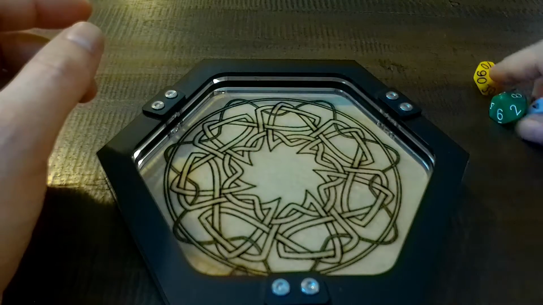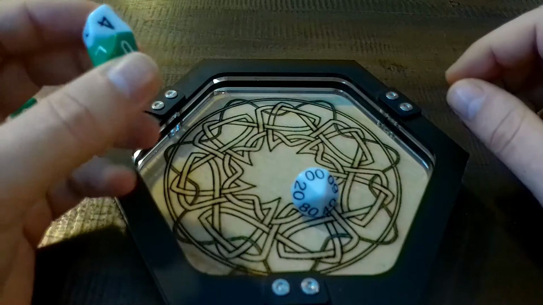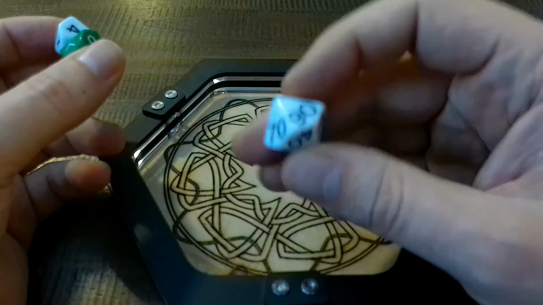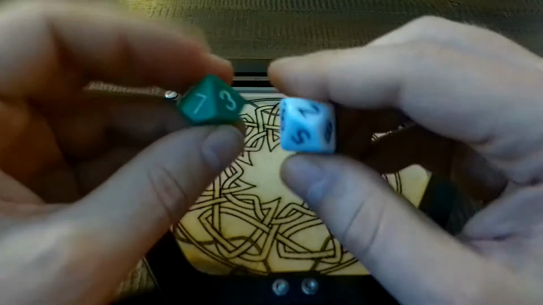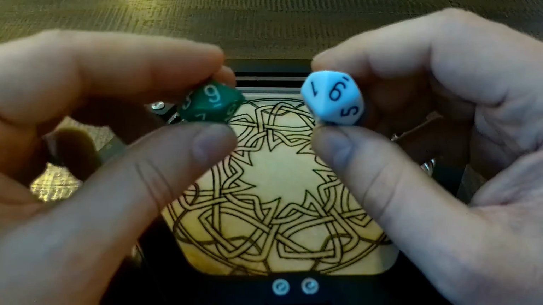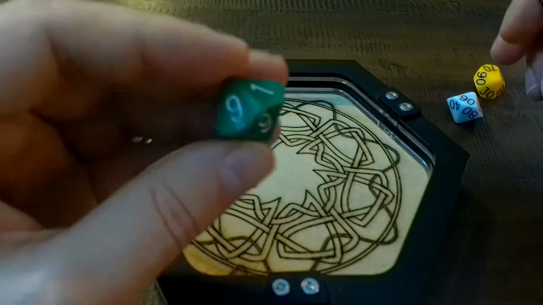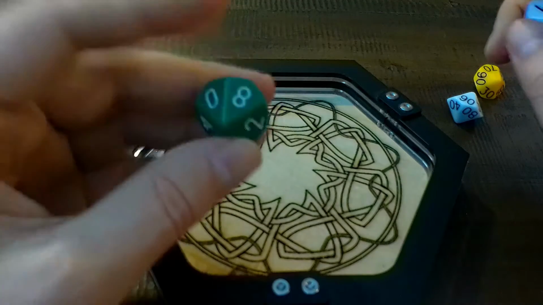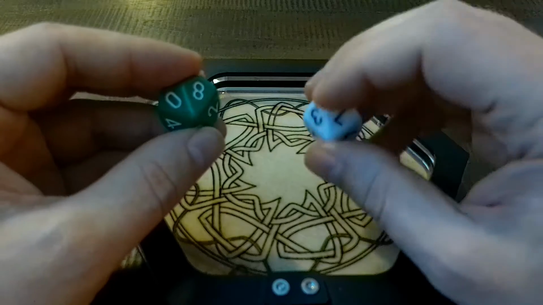Now, one other thing I will mention is that if you want to do a D100 roll or a percentile roll, and you don't have a fancy percentile dice like this, you can easily use just 2 standard D10 dice. We will say the green one takes the place of the percentile dice, that it represents our 10s digits and our 100 digit. This represents, just as the D10 did before, the single digits.